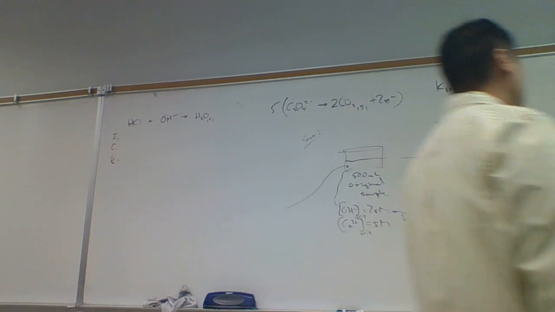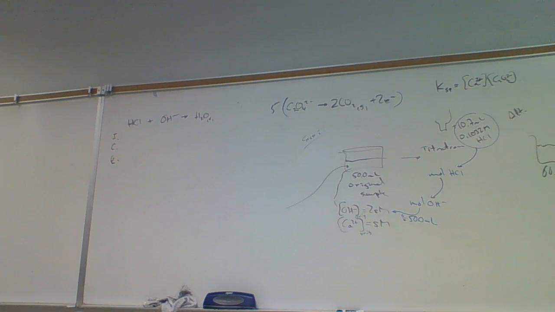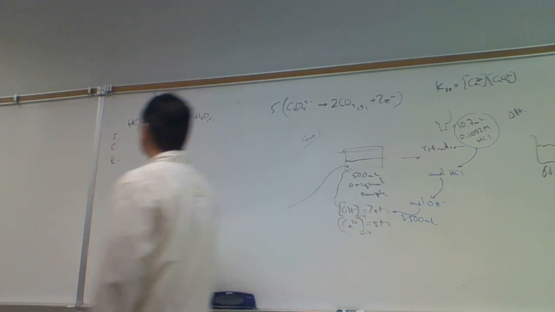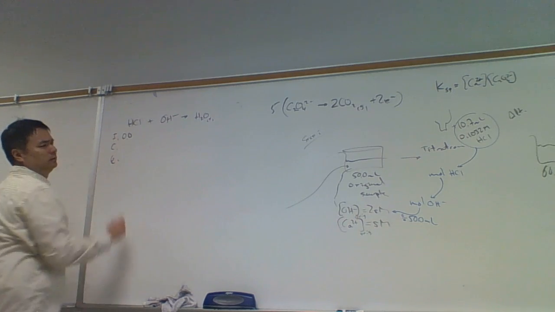What is the HCl concentration here? 0.01139. Initially we're going to have 0.01139.